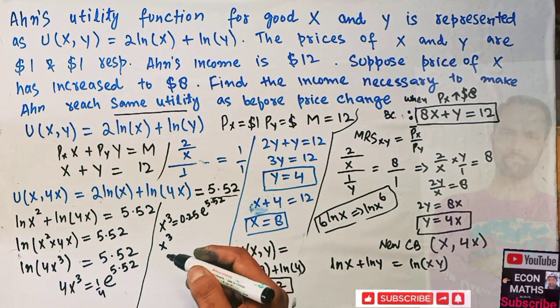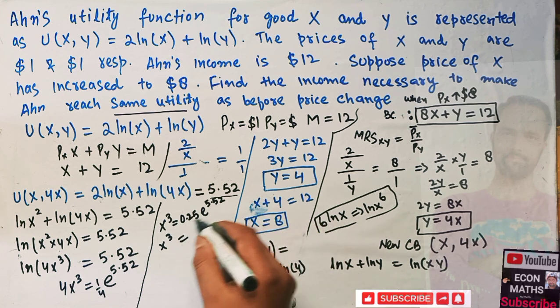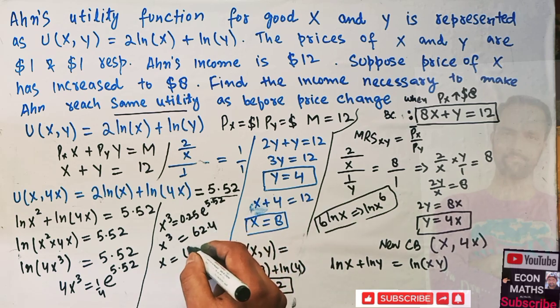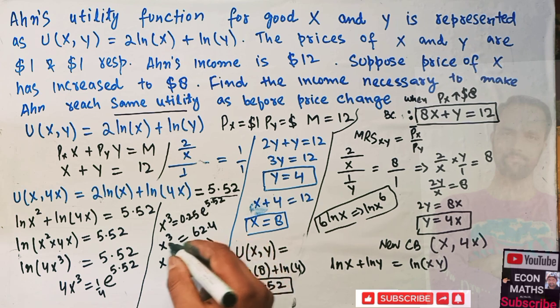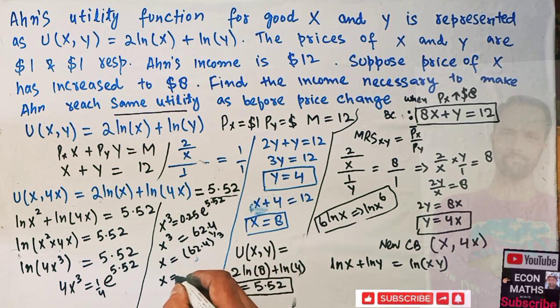When we solve this, x cube becomes 62.4, or x is equal to, taking the cube root of 62.4, when we transpose this cube, it will become the cube root here, x is equal to 3.9.